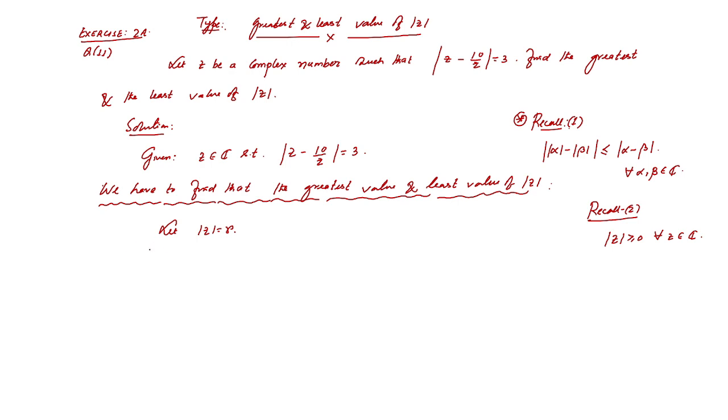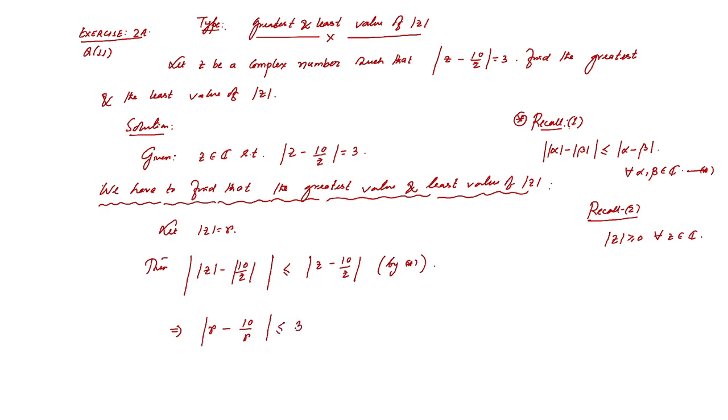The inequality is then: the modulus of mod Z minus mod 10 by Z is less than or equal to mod of Z minus 10 by Z. Now what is exactly given? Mod of Z minus 10 by Z equals 3. We put it here, so it will be the modulus of R minus 10 by R is less than or equal to 3.